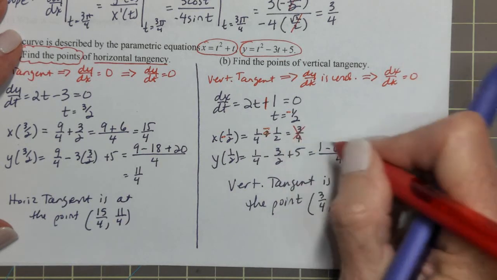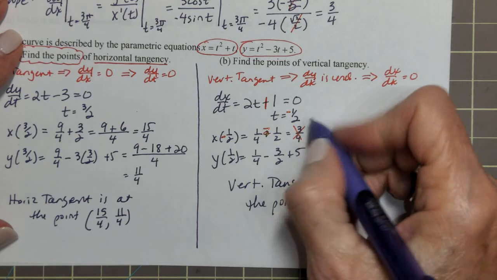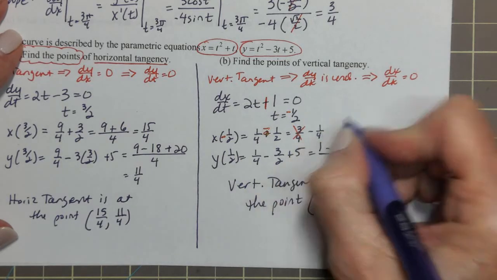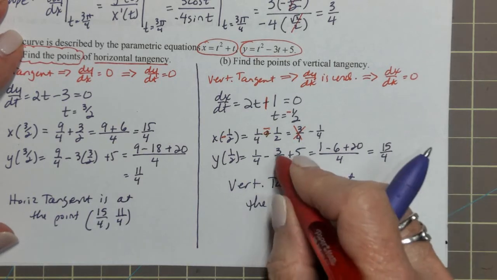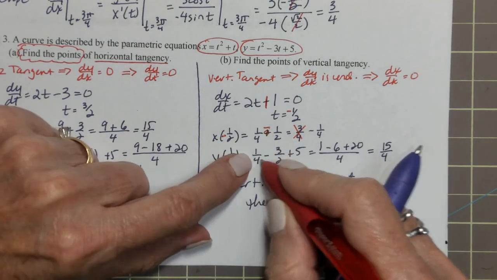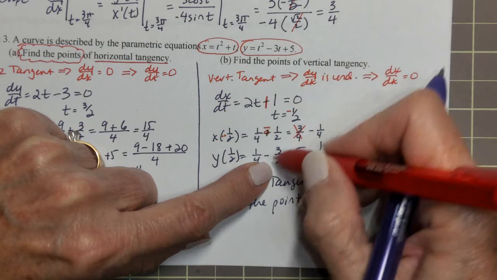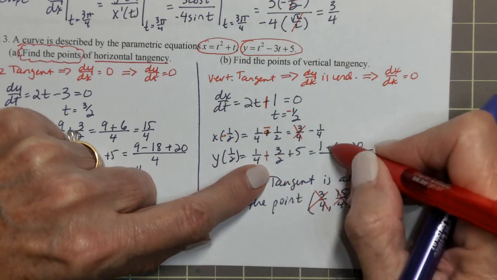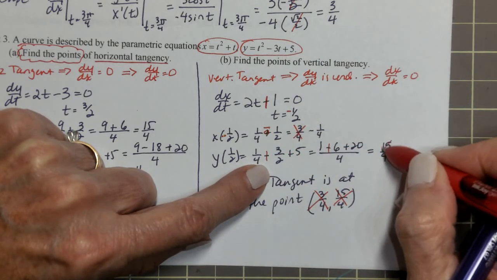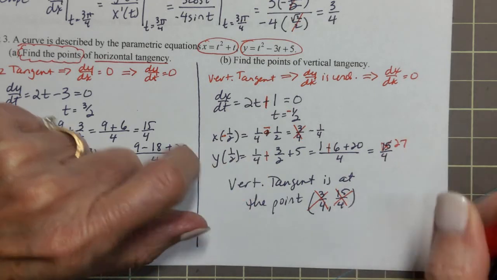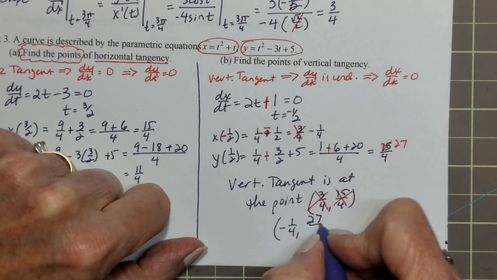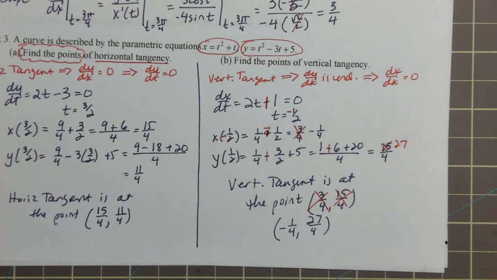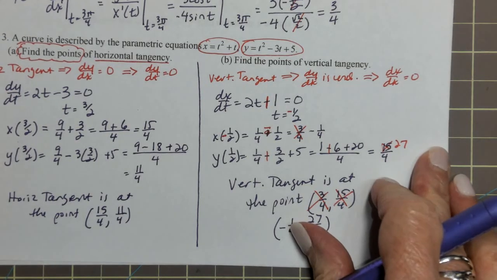So instead of being 3/4, I'm going to have a negative 1/4. And here, this will still be 1/4, and then this will be a positive 3/2. So they're all positive. So that's going to be a 27/4. So the point is negative 1/4, 27/4. Oh, one little mistake can just ruin the whole thing, of course.